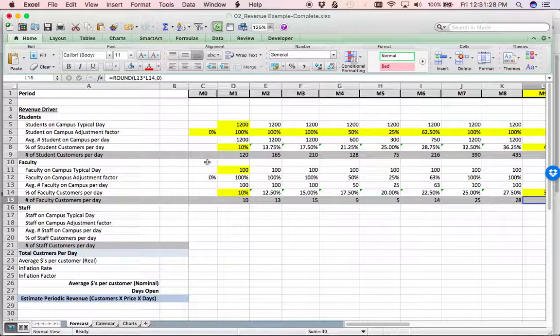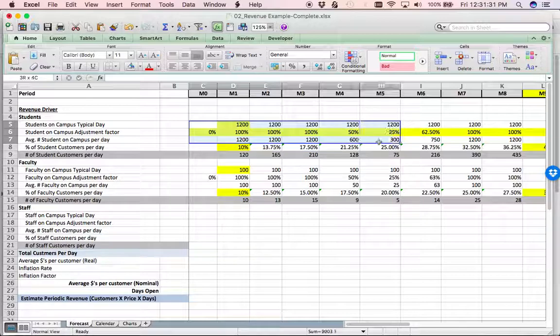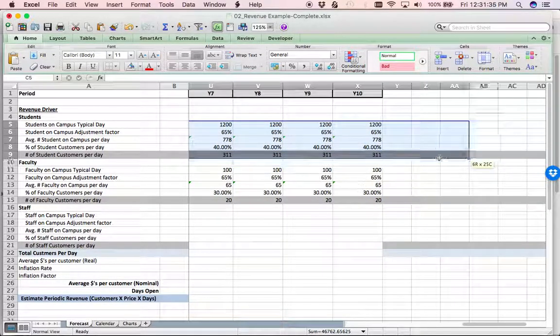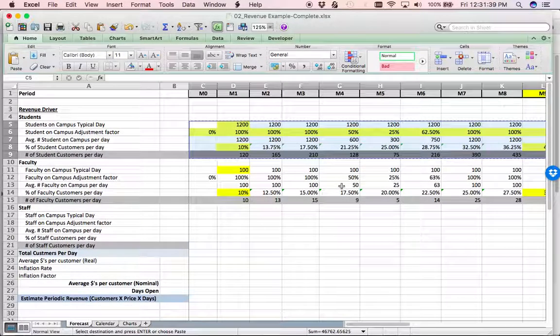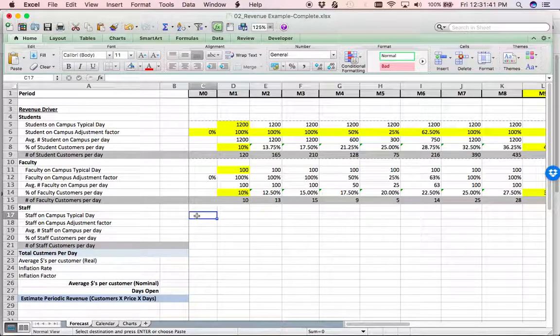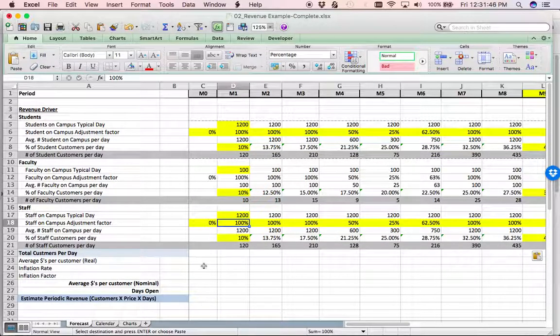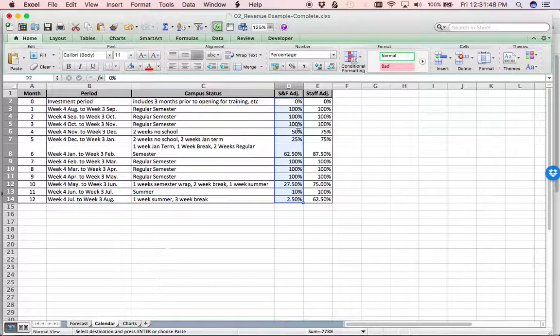And again, I'm going to take this same thing. I'm going to go ahead and use the student one again for the staff. And the reason for that is that we do have to hard code in the assumptions about this adjustment factor for staff. So I'm going to go grab that from over here.